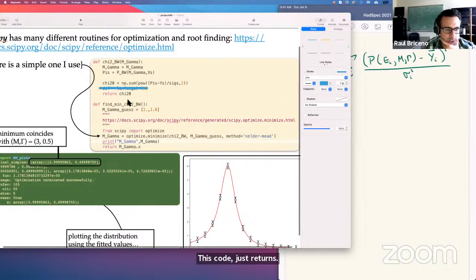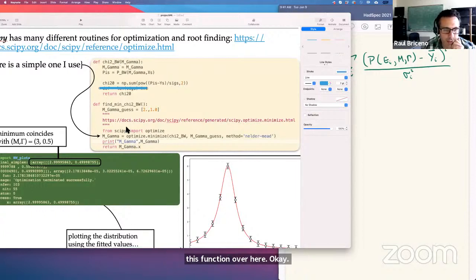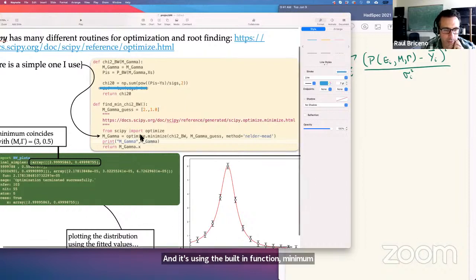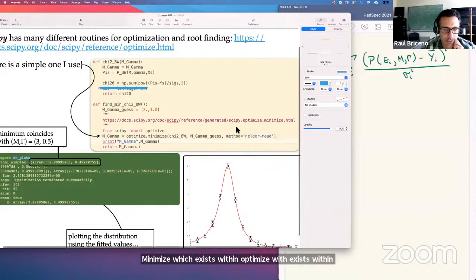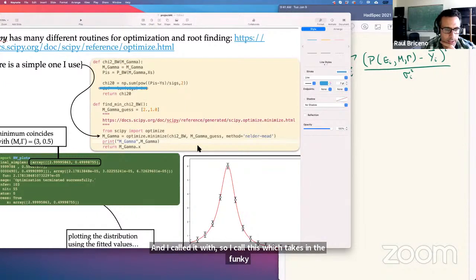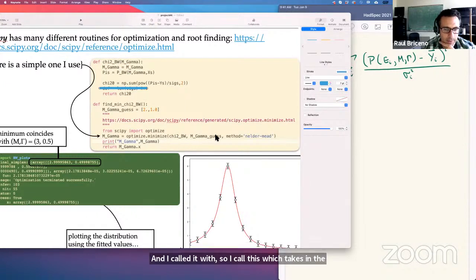And so then my minimization routine is calling this function over here, okay? And it's using the built-in function minimize, which exists within optimize, which exists within SciPy. So I put in the documentation for it, and I call this, which takes in the function that you want and then the variable that you're minimizing.